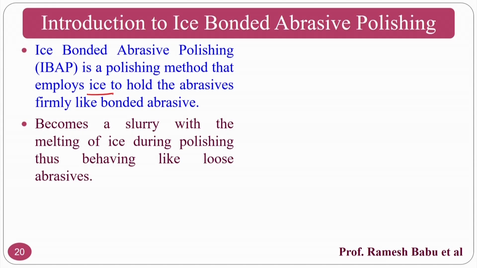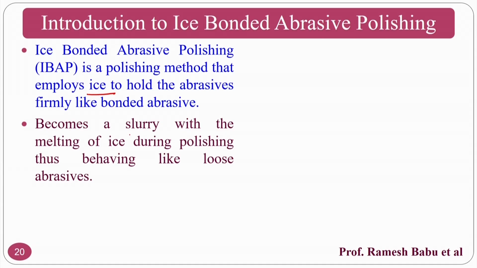These types of bondings are there. There is another variety of bonding here, that is nothing but ice bonding. Here you just use water to make ice, and you impregnate or mix the abrasive particles and make an ice bonded abrasive tool, then you use it for finishing applications.